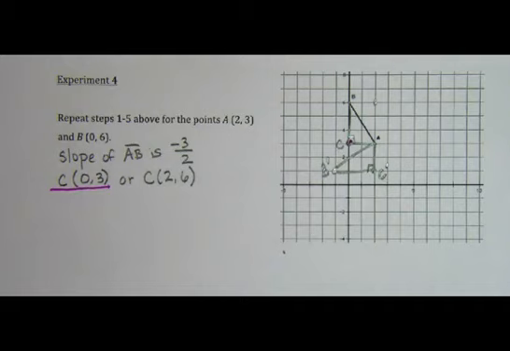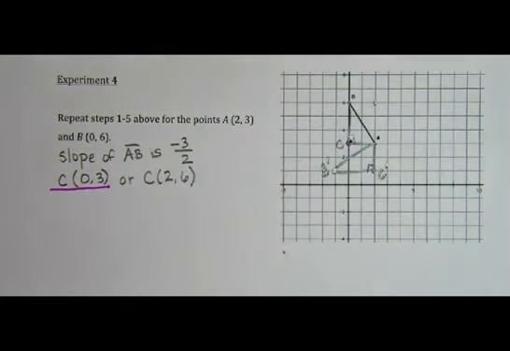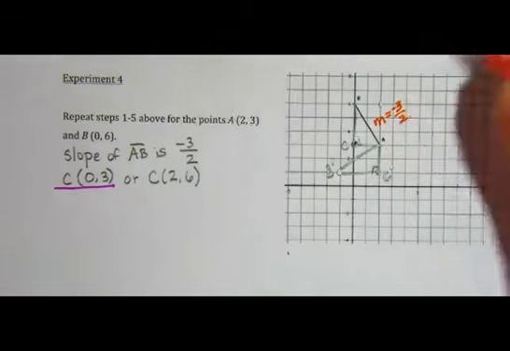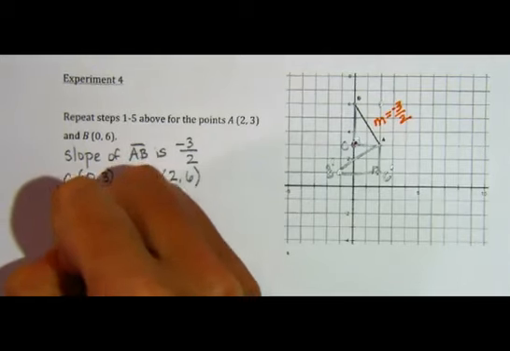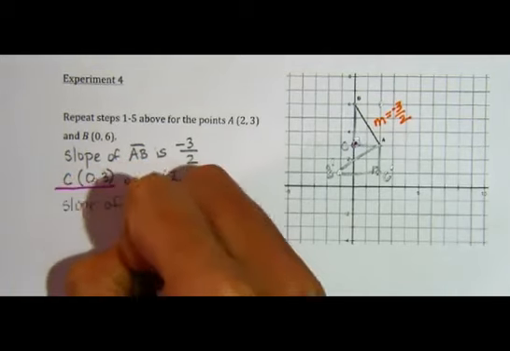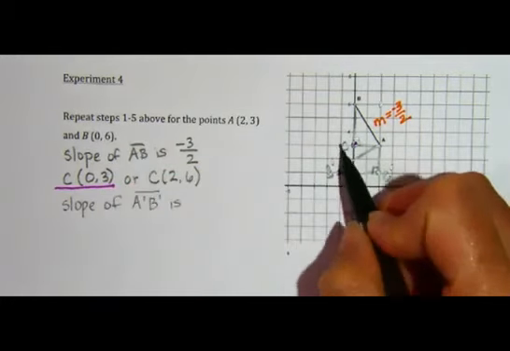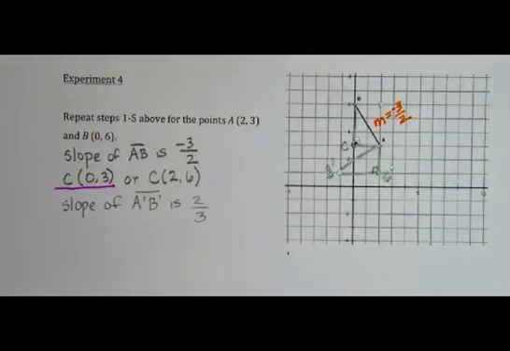We can compare the slopes of the hypotenuse of the original triangle to the hypotenuse of the image that was formed. The slope of AB was -3/2. Using rise over run, we can find the slope of segment A' B'. Rise 2, run 3. It's 2/3.